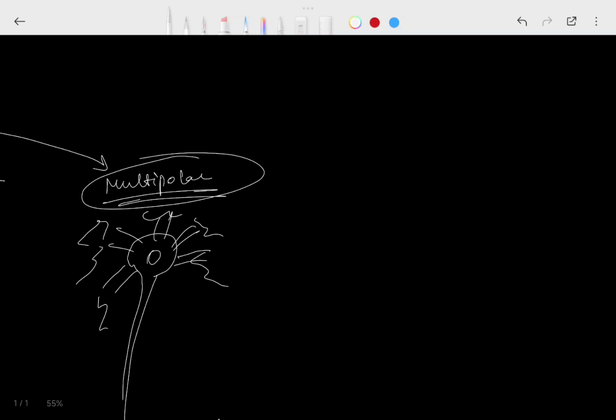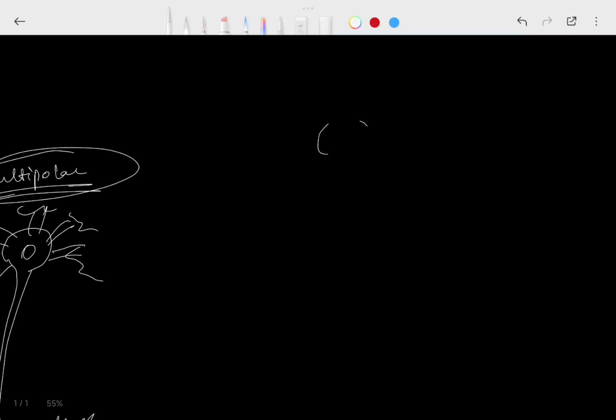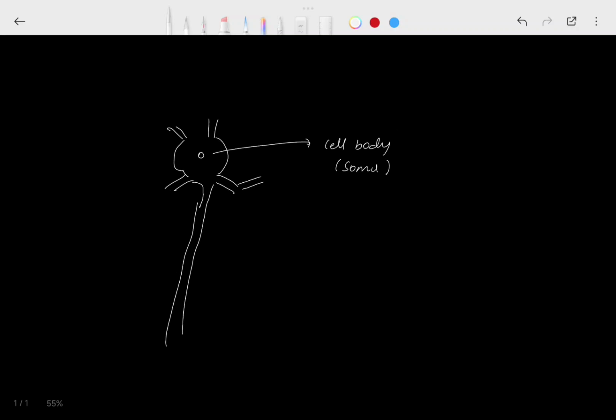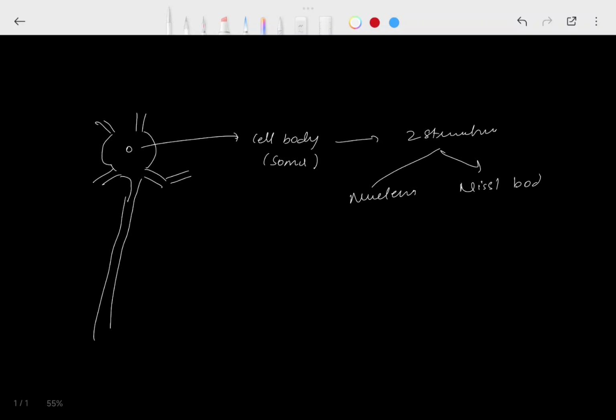Let's see the structure of a multipolar neuron. It has one cell body, which is called cell body or soma or cytome. The cell body contains two structures, the nucleus and Nissl granules or Nissl bodies. Nissl bodies are nothing but RER, so they help in protein synthesis.